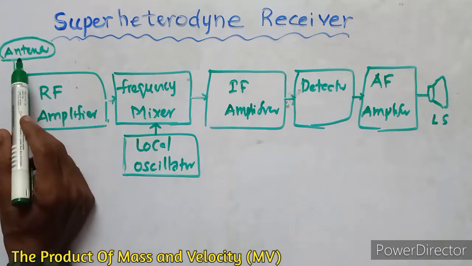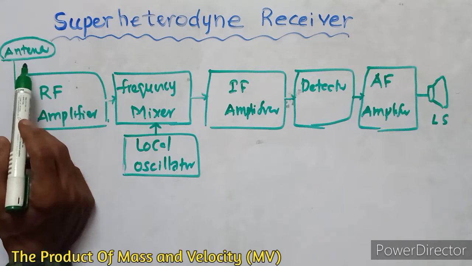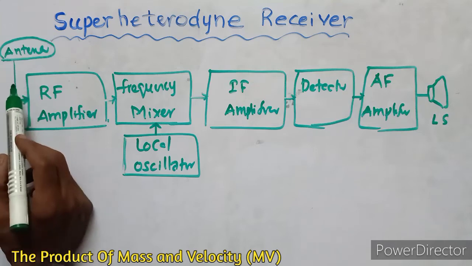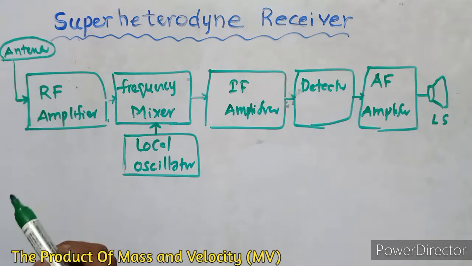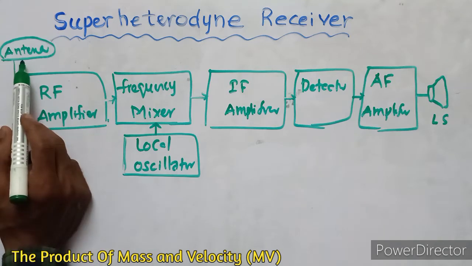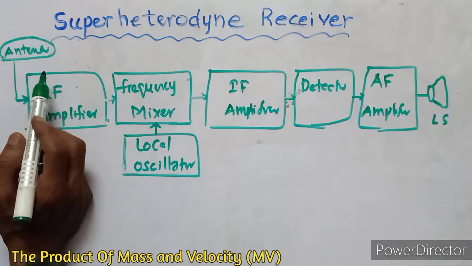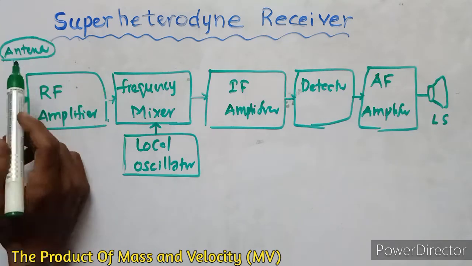First of all, the antenna receives the transmitter output as the receiver input. So the antenna intercepts the electromagnetic waves.